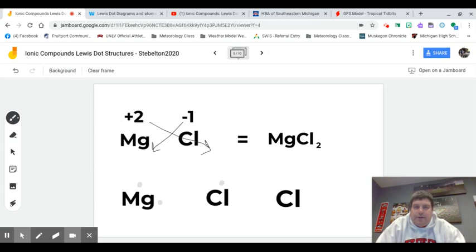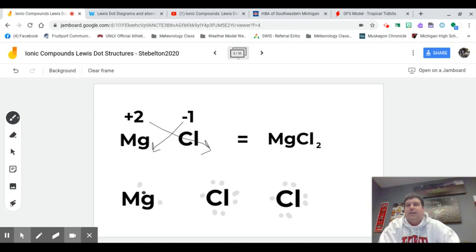Go around the clock. 1, 2, 3, 4, 5, 6, and 7, and 7 on this one too. 1, 2, 3, 4, pair them up, 5, 6, and 7.